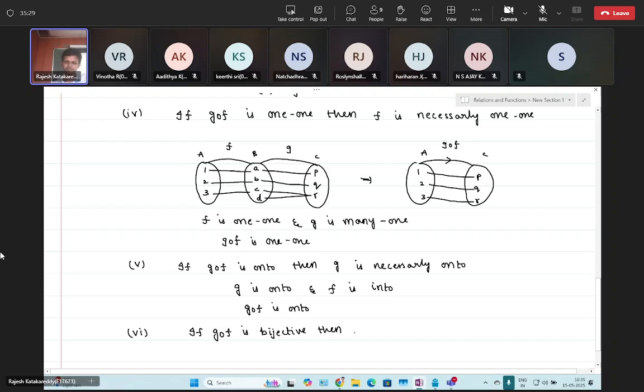Then we should say f is 1-1 and g is onto. f is not necessarily onto, g is not necessarily 1-1. If they are onto and 1-1, there is no doubt it is definitely bijective. Not necessary, not required. Sufficient thing is one is 1-1, another is onto. I have given this for g composition f. You can do it for f composition g if required.